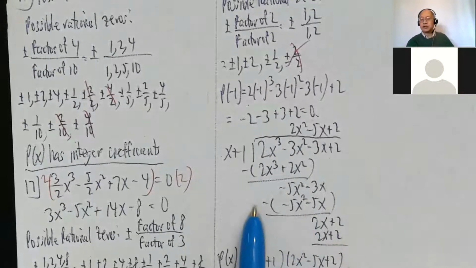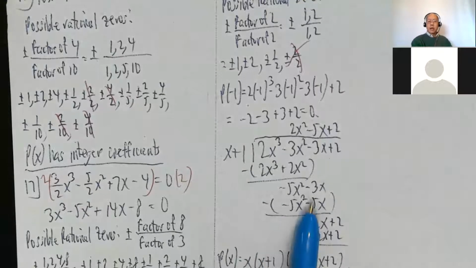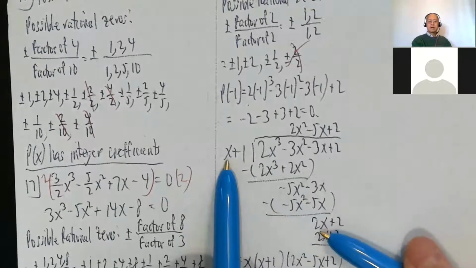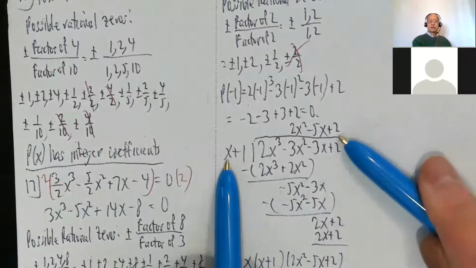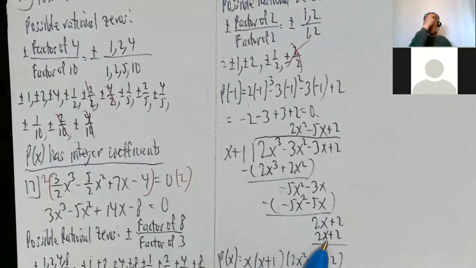Subtract. You have to be careful, there are all these negatives all over the place. These cancel out. Negative 3 minus a negative 5 is negative 3 plus 5, which is 2x. Bring down the 2. Do it again. x into 2x is 2. 2 times x plus 1 is 2x plus 2, no remainder, which is what we anticipated.